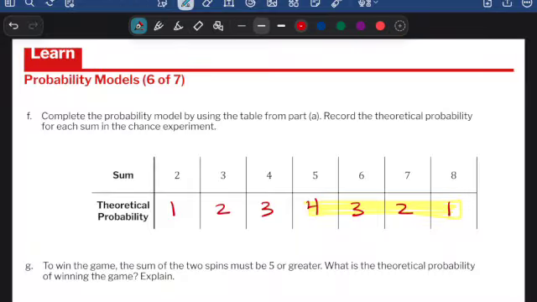What is the theoretical probability of winning the game or getting a sum of at least 5? Well, we had 4 plus 3 plus 2 plus 1. That's a total of 10 times out of the possible 16 that we could get a sum of 5 or greater. We could simplify that. That would be 5 out of 8.